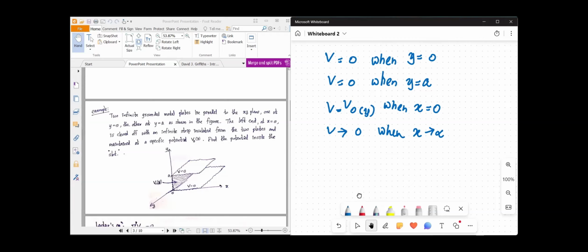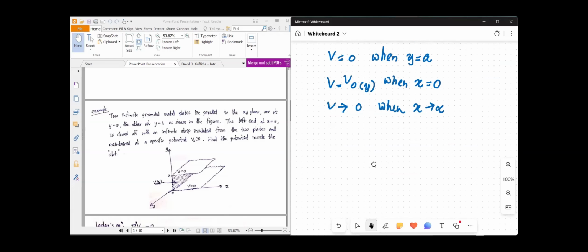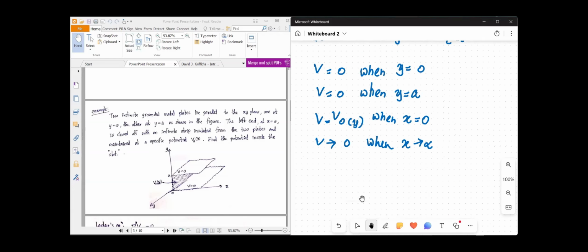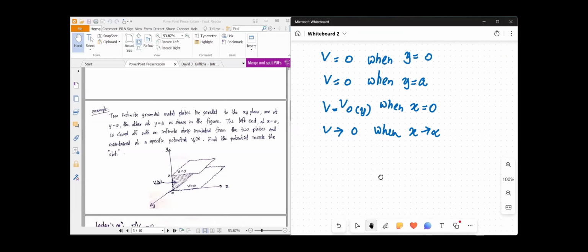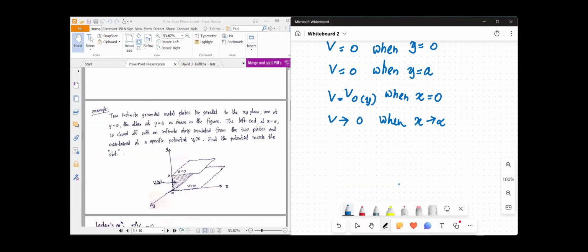And let's start with the Laplace equation. So del squared V is equal to 0.